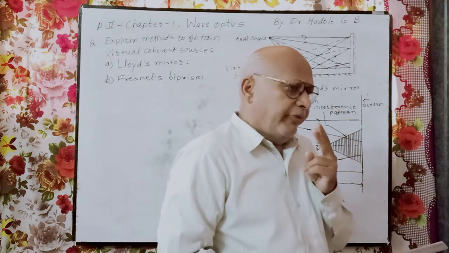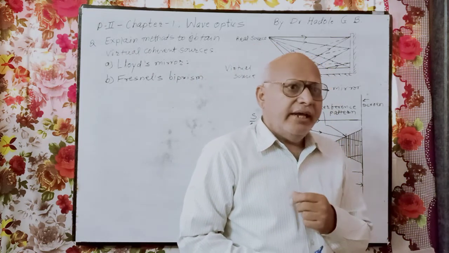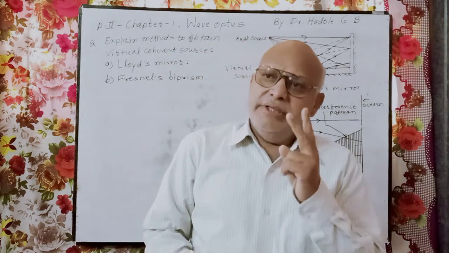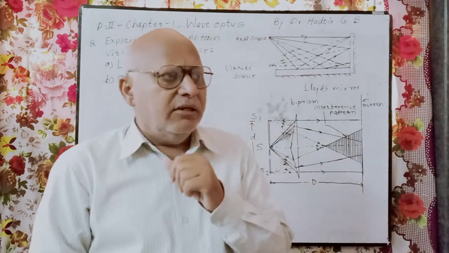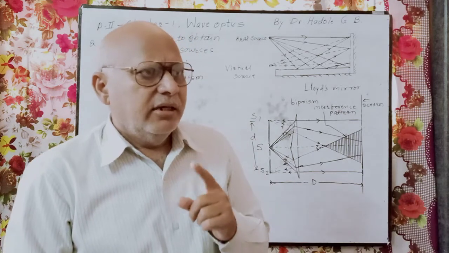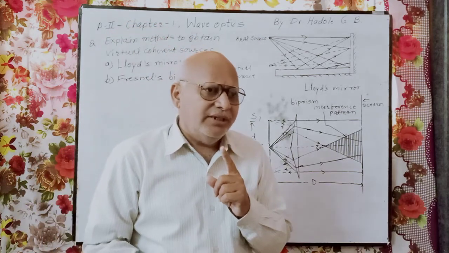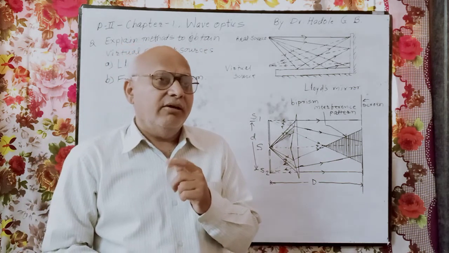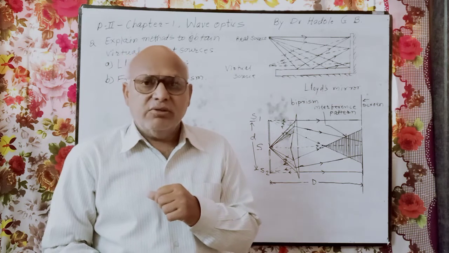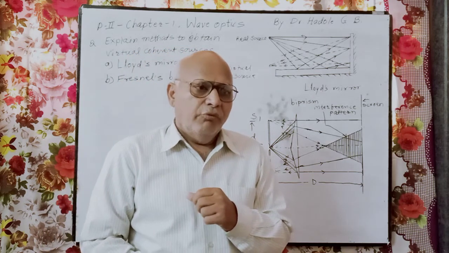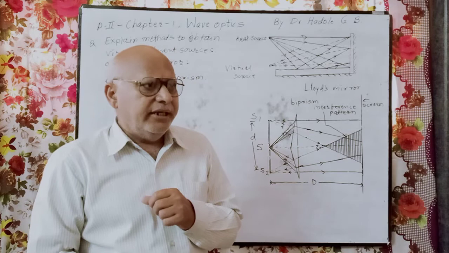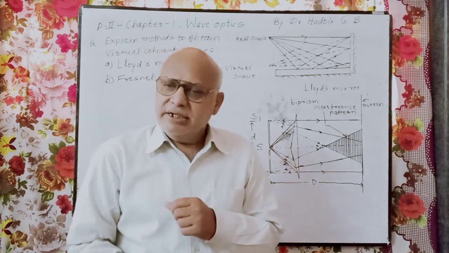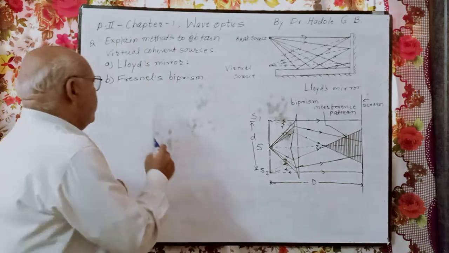When two prisms are joined to form a single prism in such a way that the refracting angle is 180 degrees, or 179 degrees 30 minutes to 180 degrees, that is called a biprism.